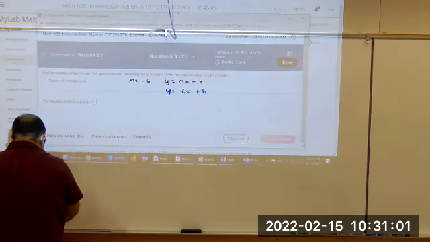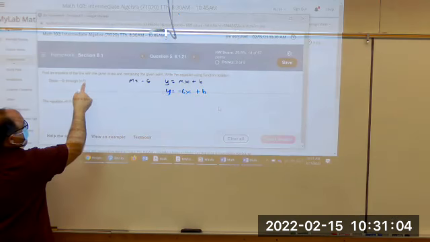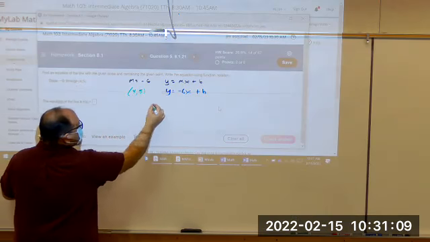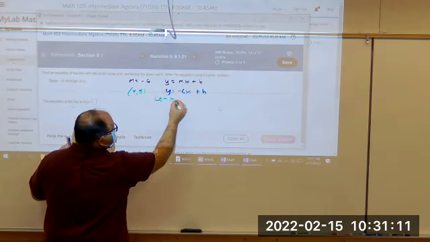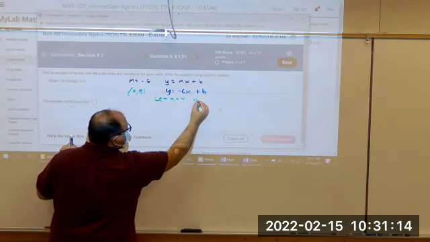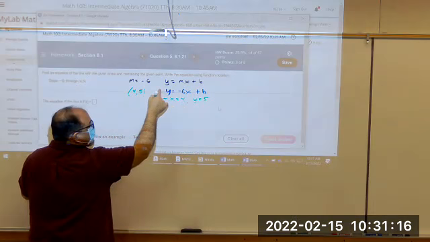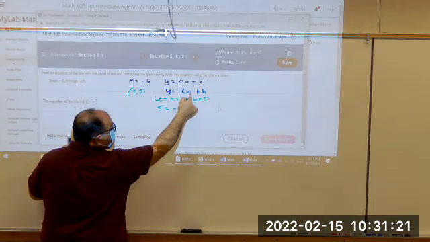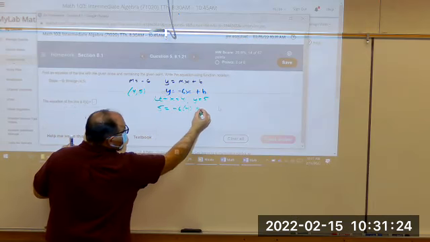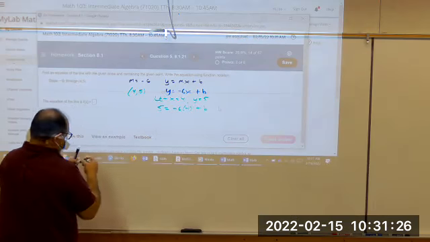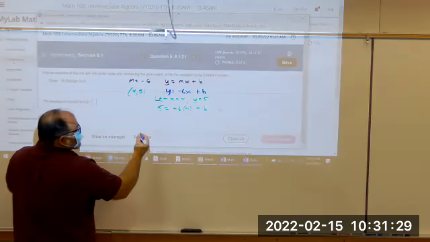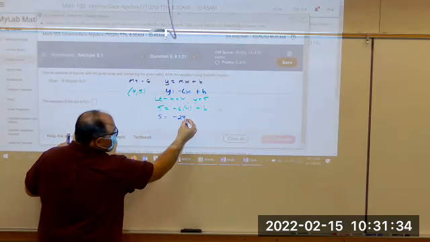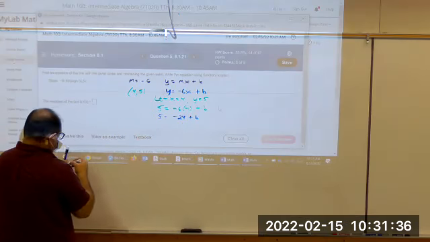To figure out b, we're going to plug in an x and y. The only x and y we have to work with is this 4, 5. So we let x equal 4 and y equal 5. 5 equals -6 times 4, which is -24, plus b.